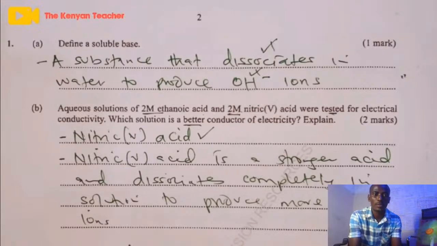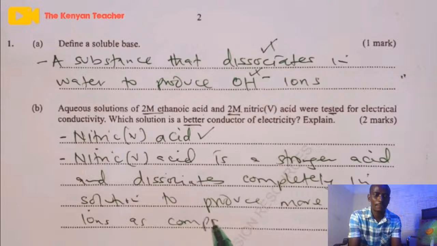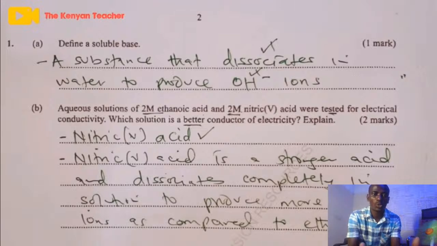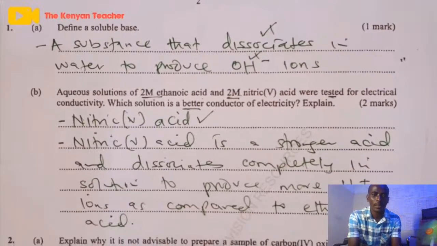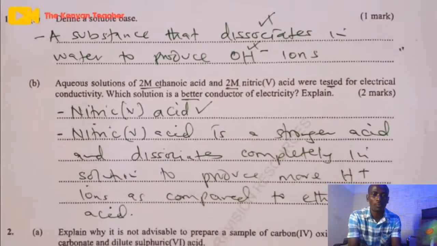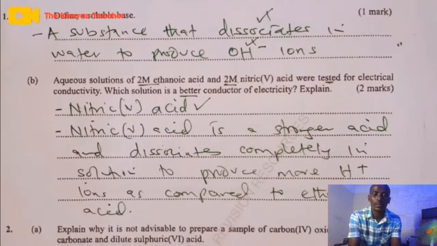Now we are moving slowly so that you can understand exactly. This is a compound, and you want to make some differences between ions and ethanoic acid. Let me just write something for you here.